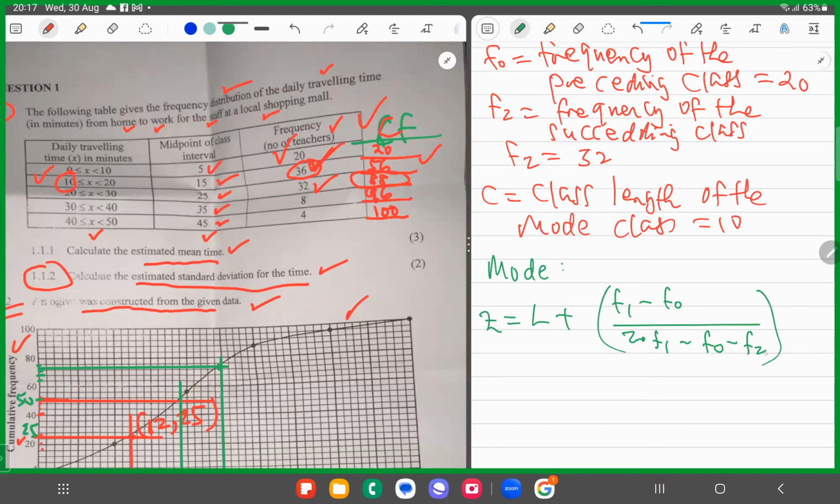This is how we find the mode. The teacher might not have taught you this formula for the mode for grouped data.